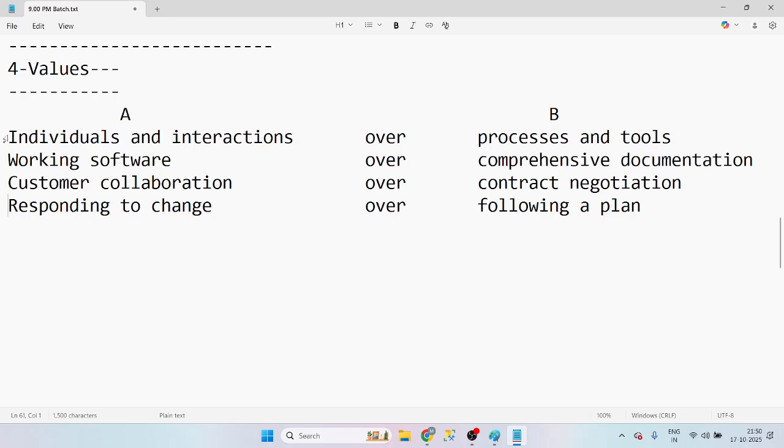Can anyone read which one? Individuals and interactions over process and tools. What does it say? It says that we are giving more priority to individuals and interactions. Individuals means the person working individually, and interactions means working interactively, in a group.